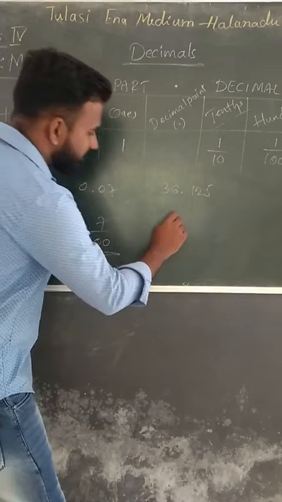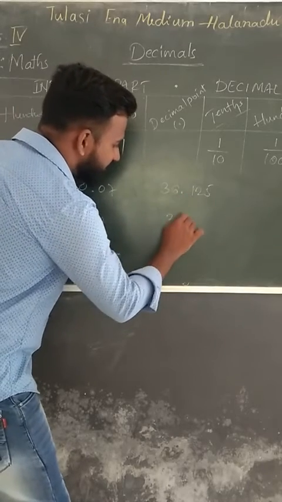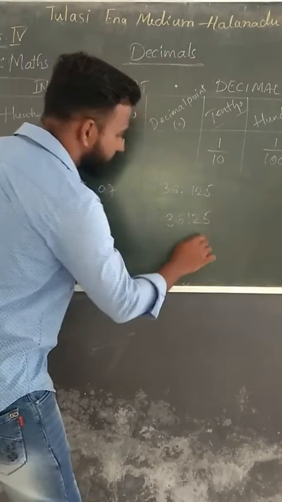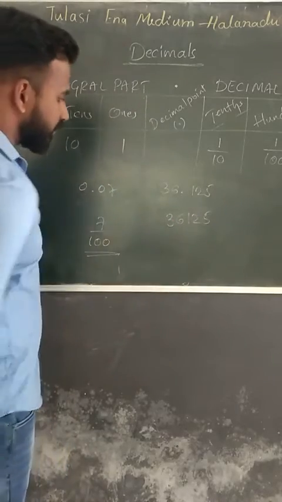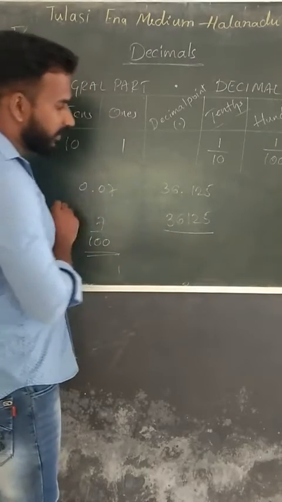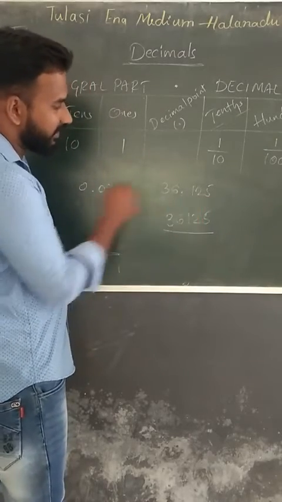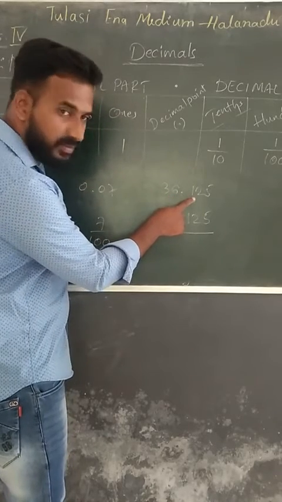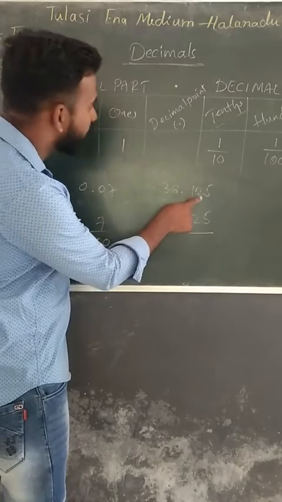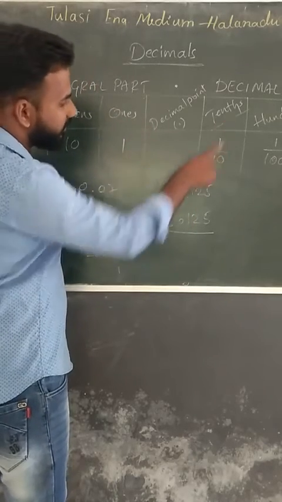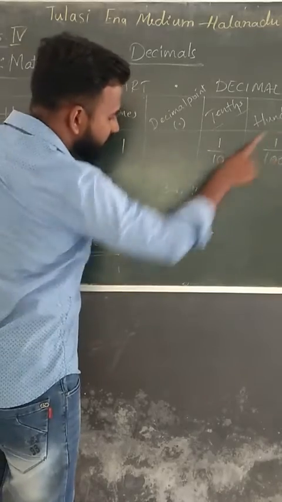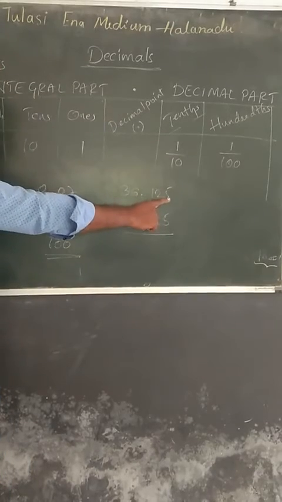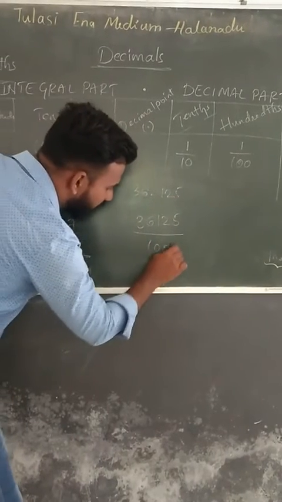You can write all the digits excluding the decimal point: 36,125 divided by 1000. The smallest digit is in the 1000th place, so the denominator will be 1000.